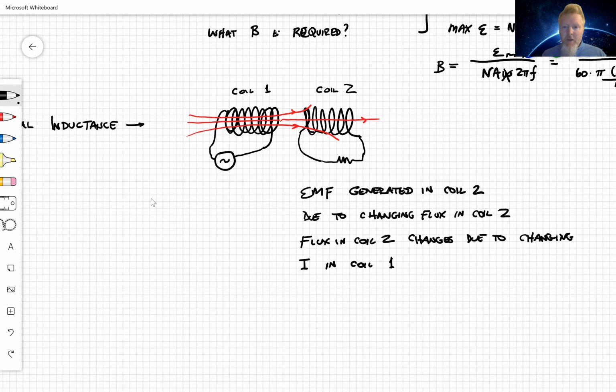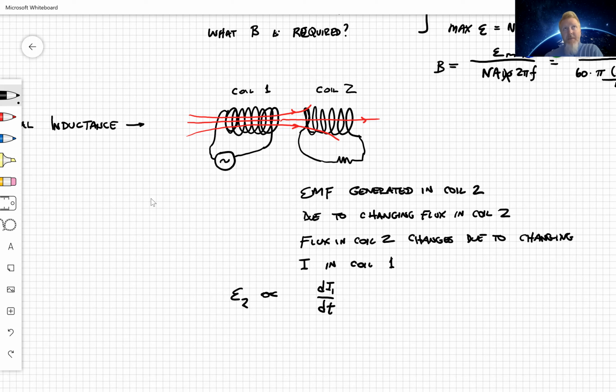So you could write something like the EMF in coil two being proportional to di1/dt, right?